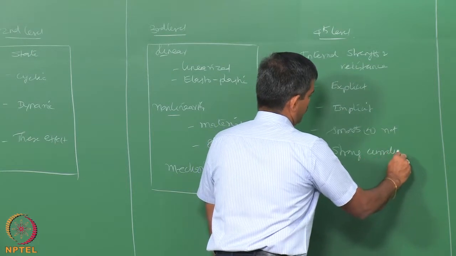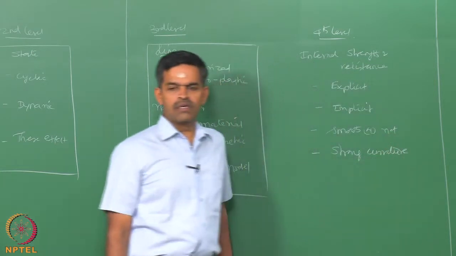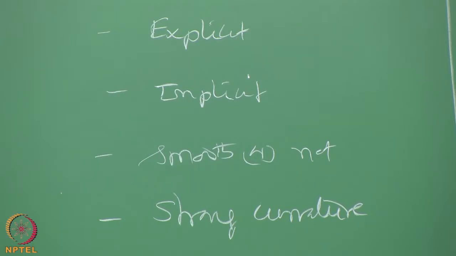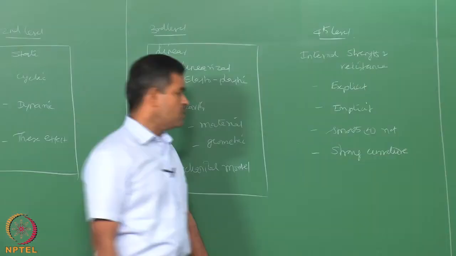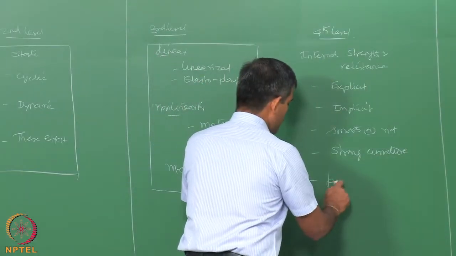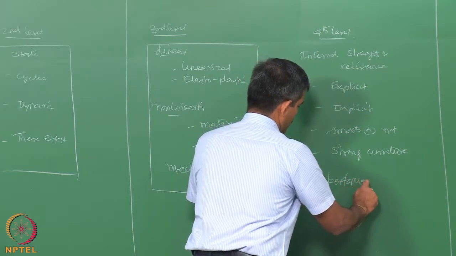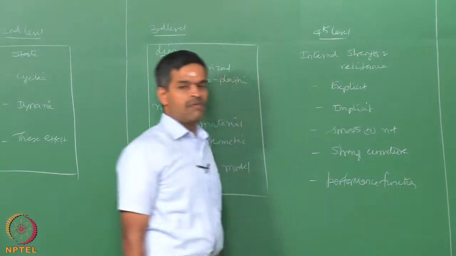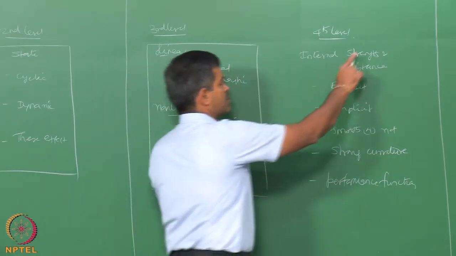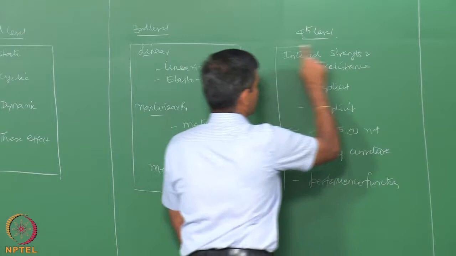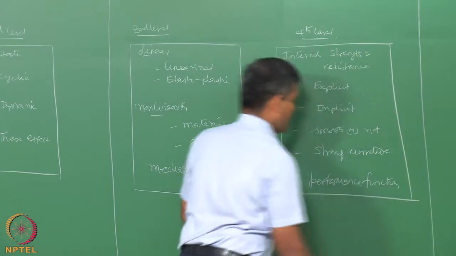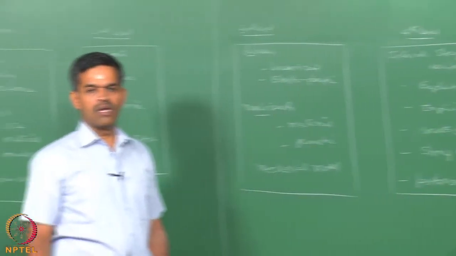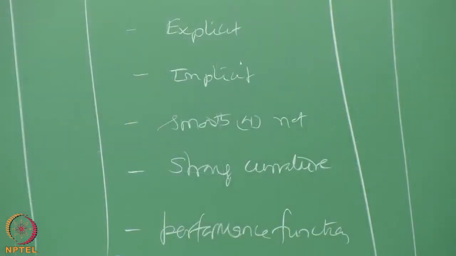This can be very effective when you are talking about the moment resistance characteristics of a given system. Essentially, then you look at the selection of a performance function, which essentially depicts the correct behavior of the internal strength and resistance. That is the fourth level of complexity we have in the coupling of mechanical modeling and reliability analysis.